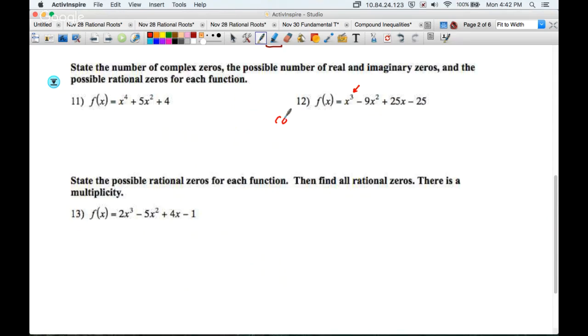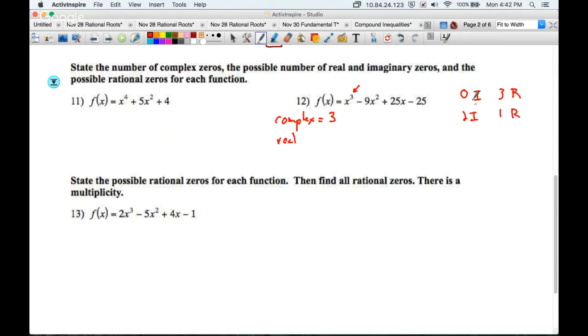Complex zeros. The fundamental theorem of algebra states that there are a total of 3 zeros, and all numbers are complex, including the imaginary ones, so complex 3. Real, well, for this we kind of have to pair them off. It could be 0 imaginary, 3 real. It could also be 2 imaginary and 1 real.